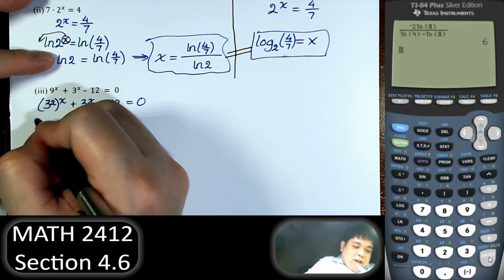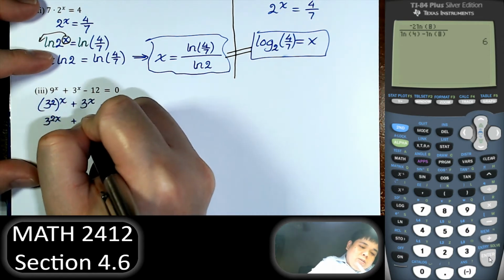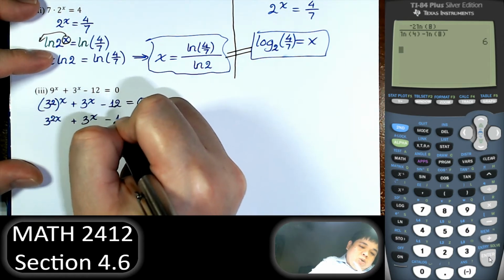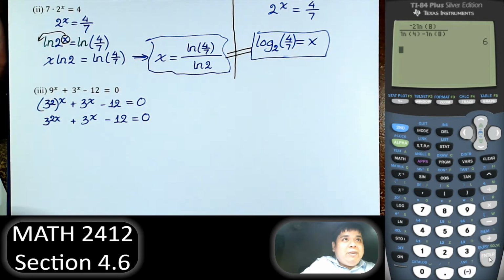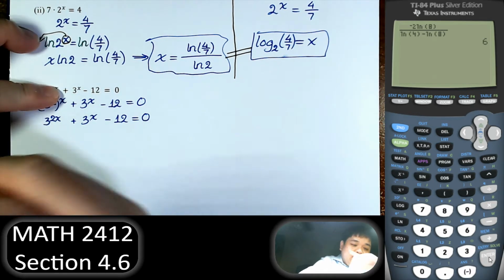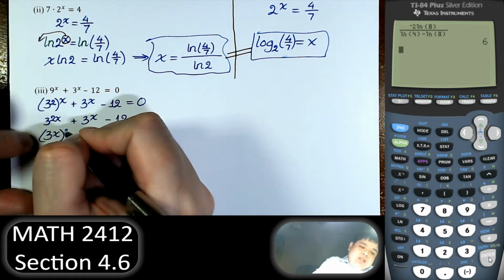Now here we can write 3^(2x) + 3^x - 12 = 0, right? Now what we see is I will write this as (3^x)^2, which is the same, right?